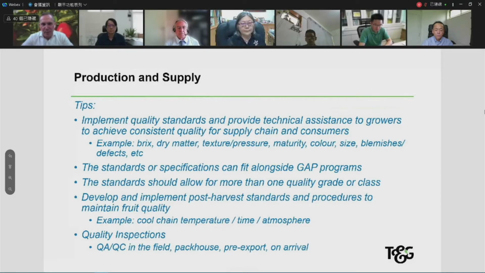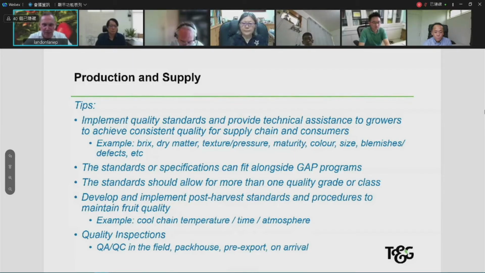Quality standards are important to have. So many of us are working with smaller growers and we want to make them successful. And how to achieve consistency and scale is to have a good quality system and technical support for all of your growers, whether they're big growers or small growers. And so the central coordinating point for your fruit variety should implement quality standards and provide technical assistance.